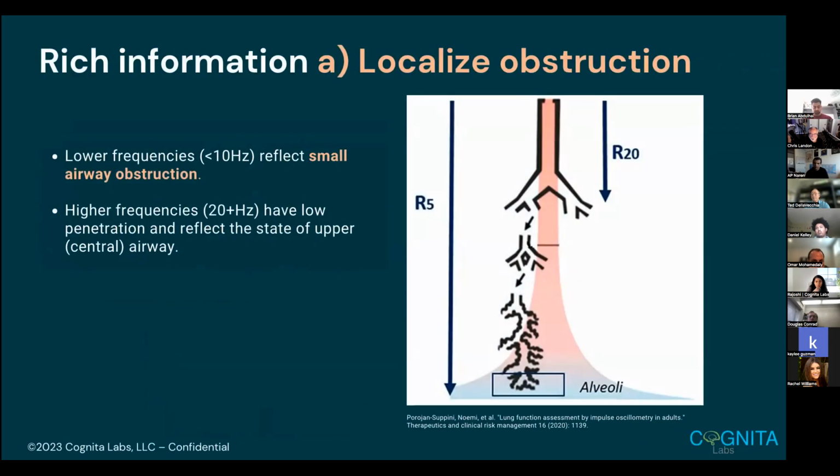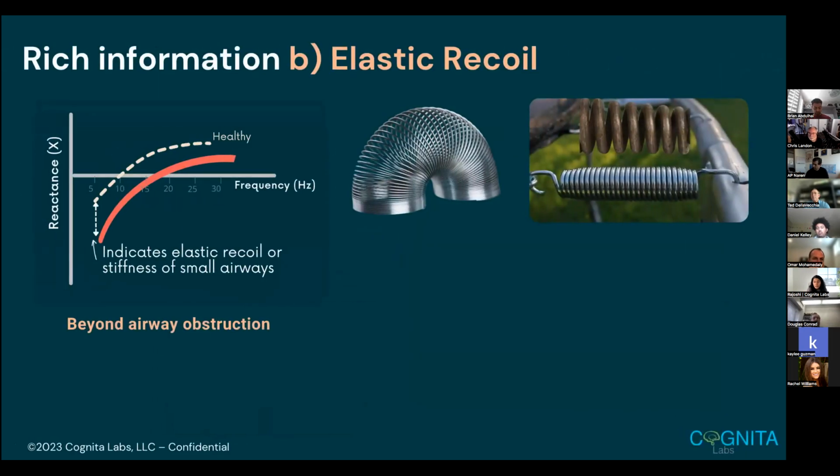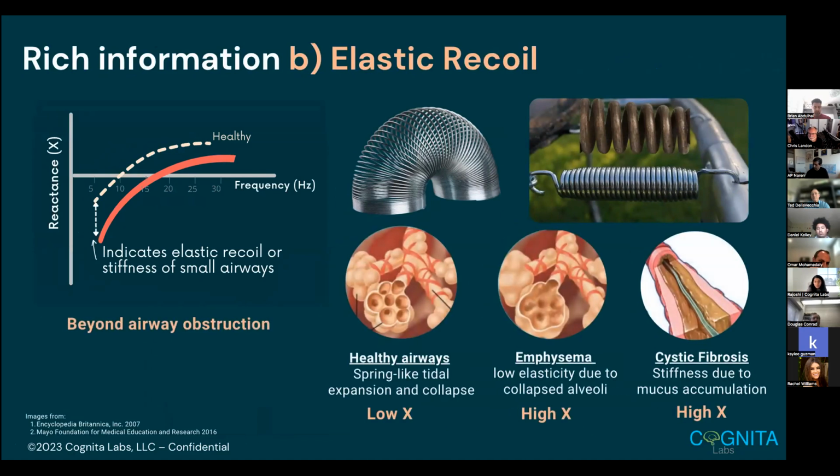Just like I was mentioning before, we have different frequencies that go through. The 5 hertz goes all the way to the lower airways, 20 hertz goes to the central airways, and that gives you specific information for where the obstruction is localized. And the elasticity part, the reactance part, tells you whether, like lungs are springs, it's healthy airways, which are very springy, or there's stiffness in the airways.